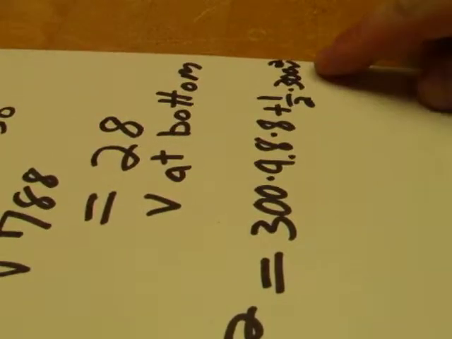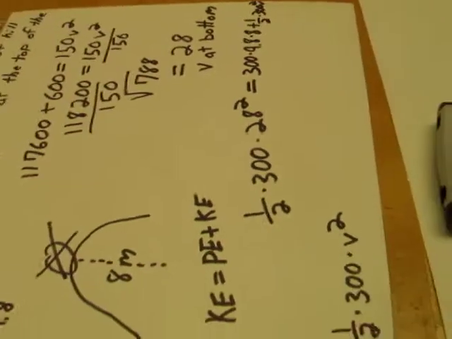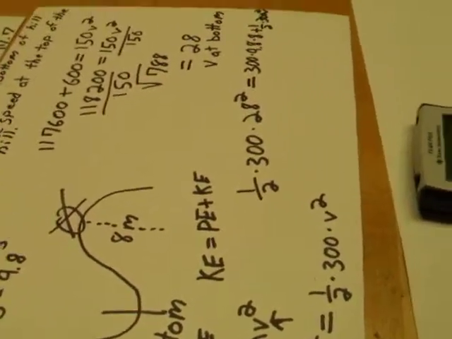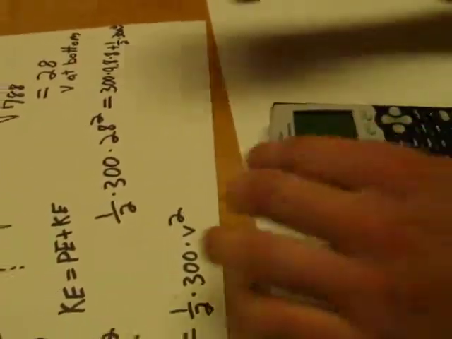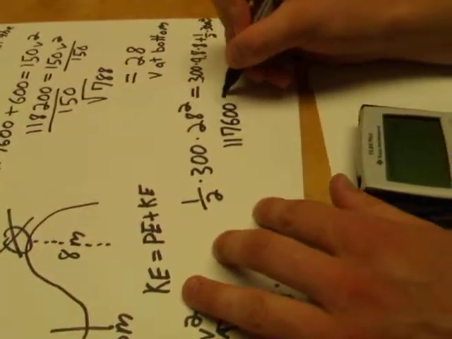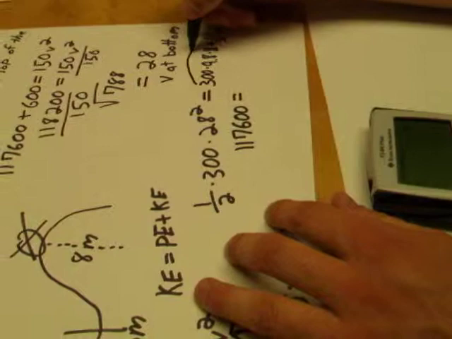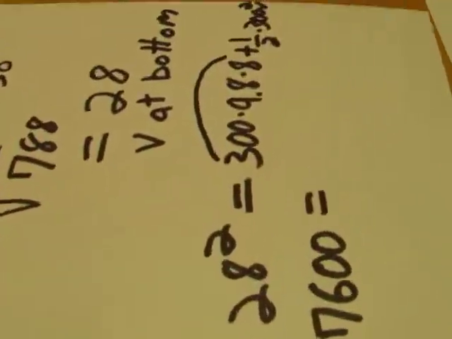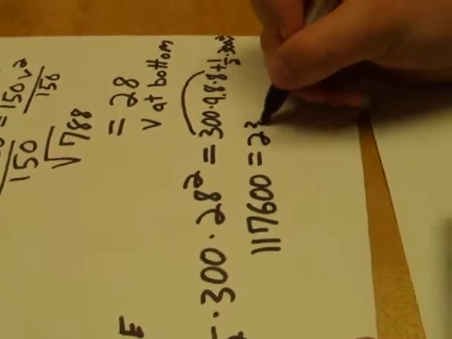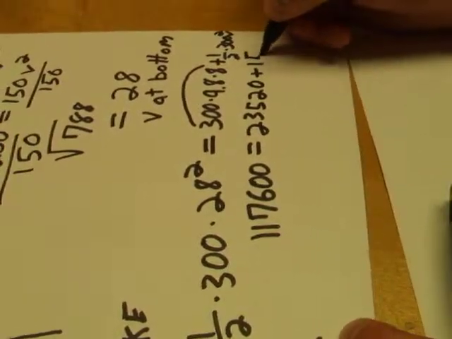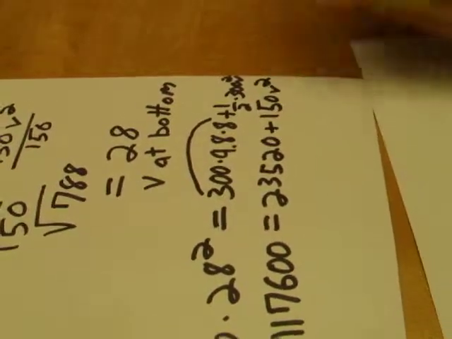That's 150 v squared, which we're solving for. So we'll type out the left side of the equation, 0.5 times 300 times 28 squared, and get a number. And we're going to type out this side, 23,520 plus 150 v squared.